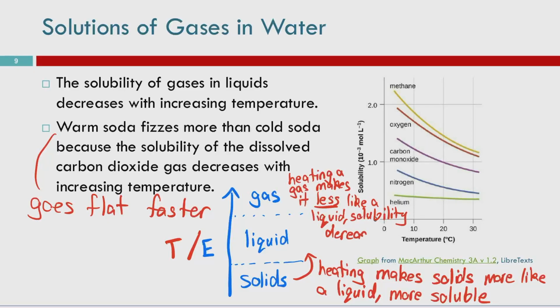The other way I could have written that is to make gas more like a liquid, you have to decrease the temperature, decrease the amount of energy it has, then it becomes more like a liquid and it's going to increase the solubility. Any questions about that?